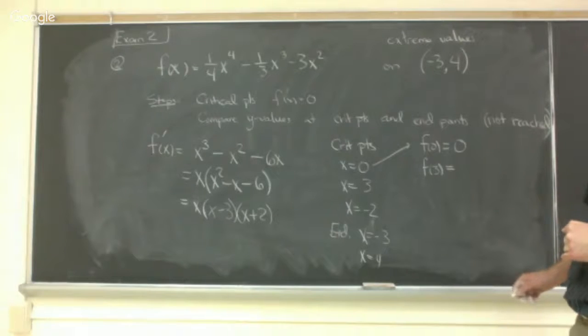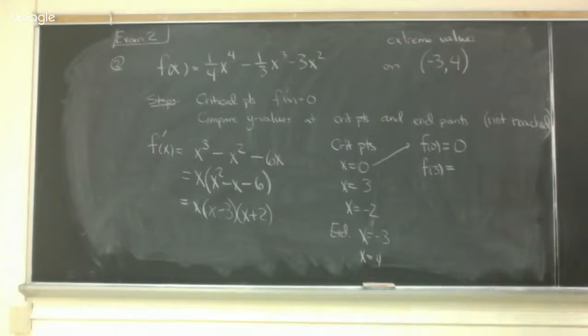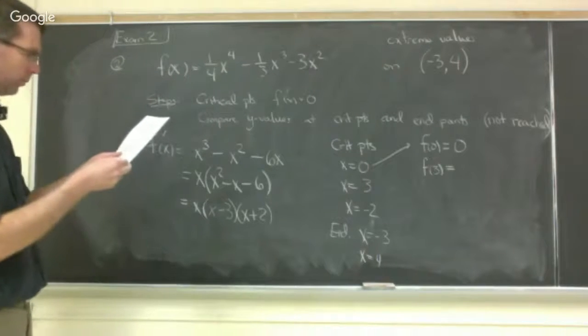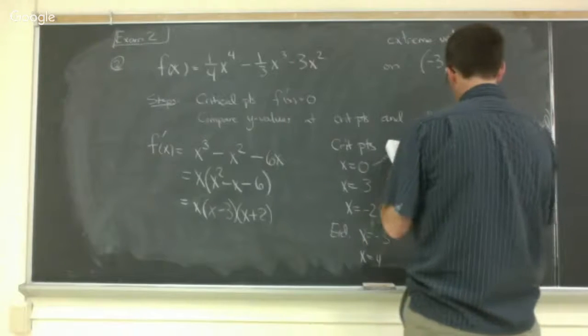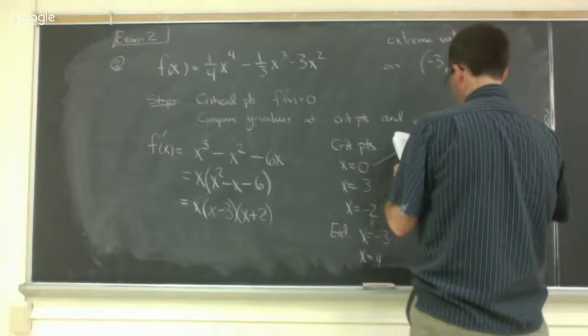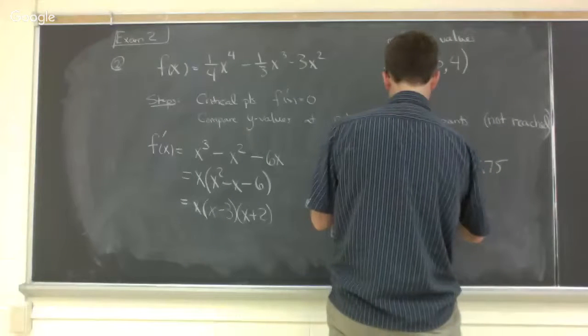I get 81/4 minus 9 minus 27. Oh, okay, I was just remembering wrong. So this is -15.75. It's -5 1/3.